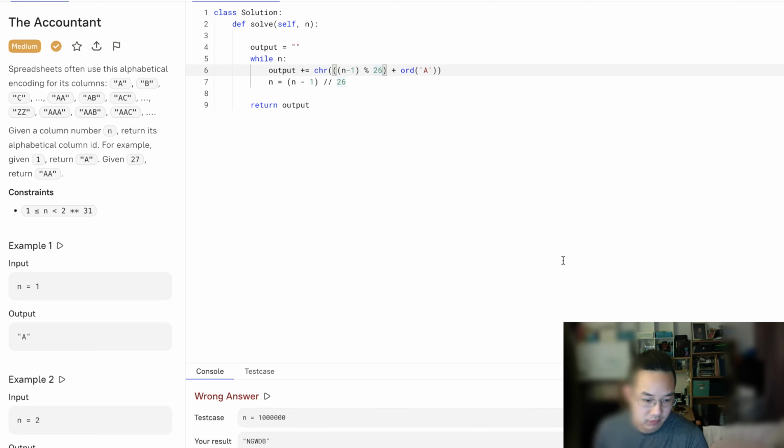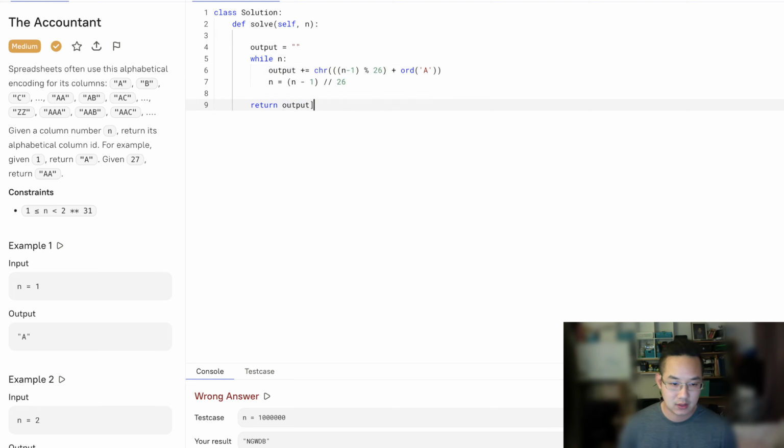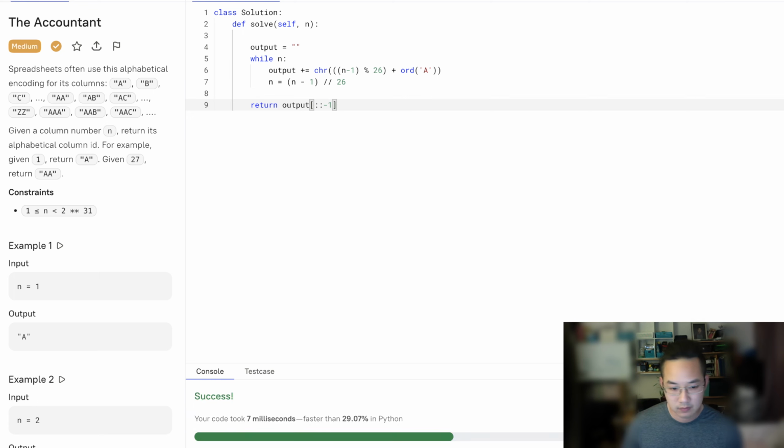Oh, right. We need to reverse this. And perfect. And that's how we do this particular problem.